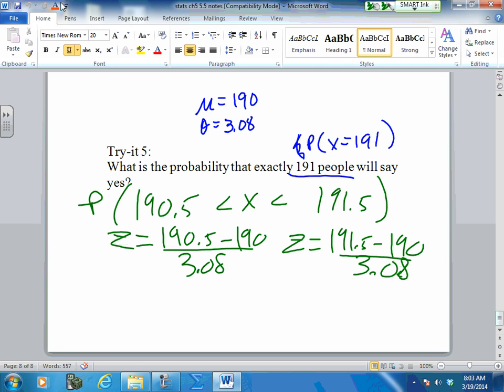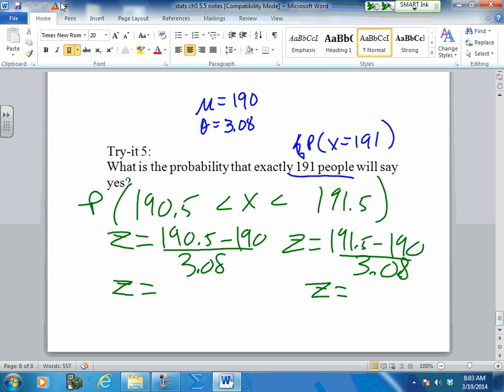Excuse me? 190 is your mean. I thought the mean was 200. Oh, that's why my answer is wrong. The 200 was the n. Which one did you get, Taylor? 0.16.